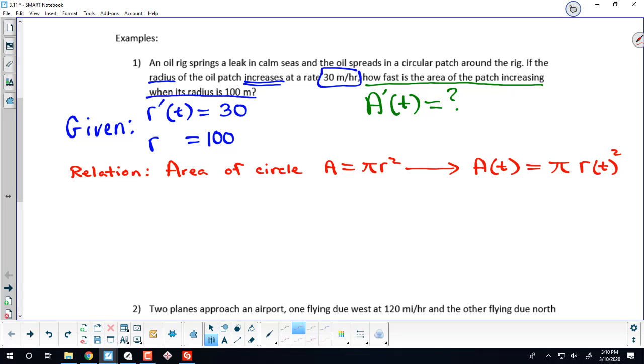So you establish a relationship between the things you're given, and then to establish the relationship between their rates of change, we have to take the derivative of our relationship implicitly with respect to time. Differentiate with respect to time.